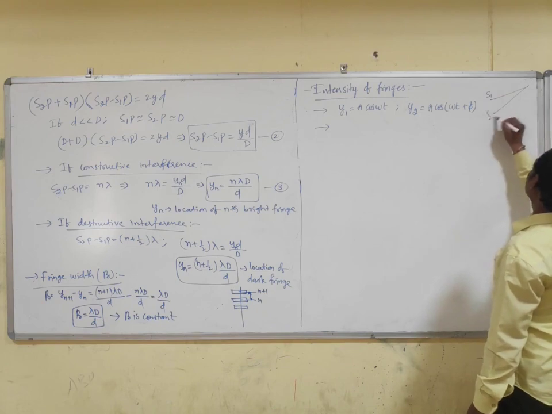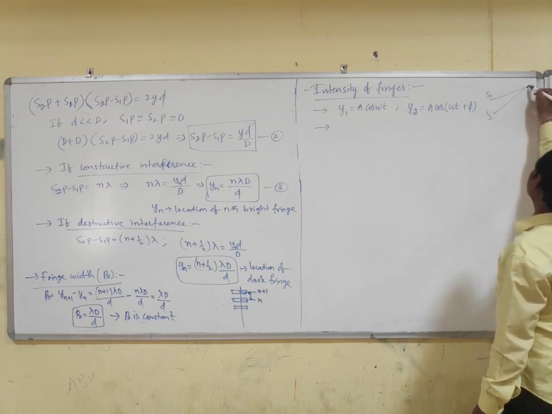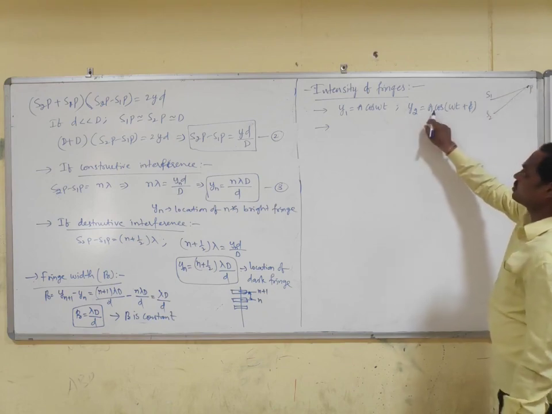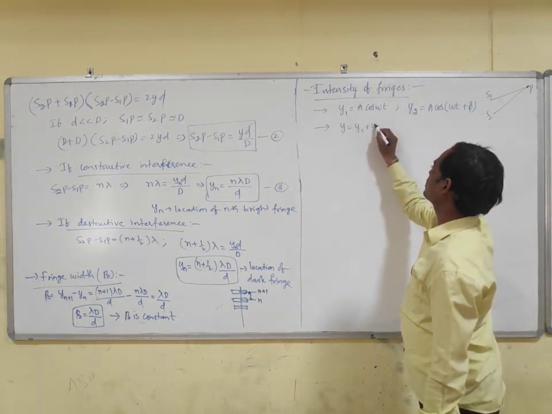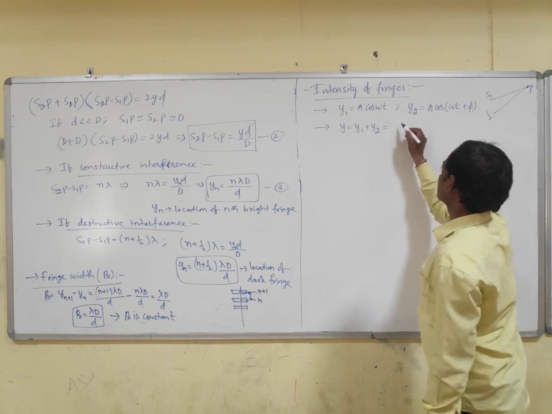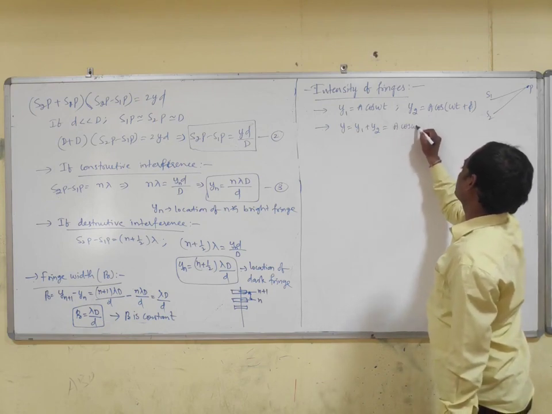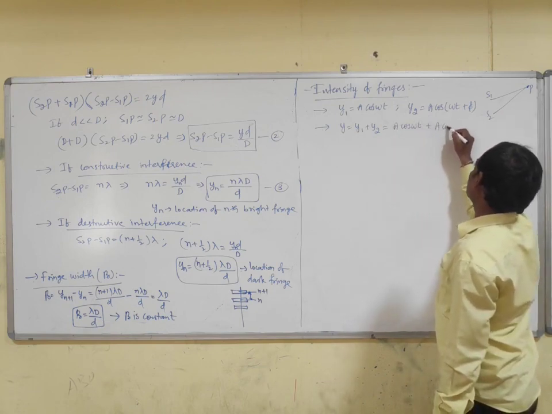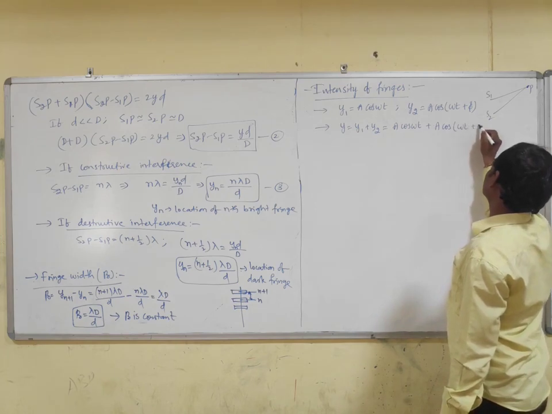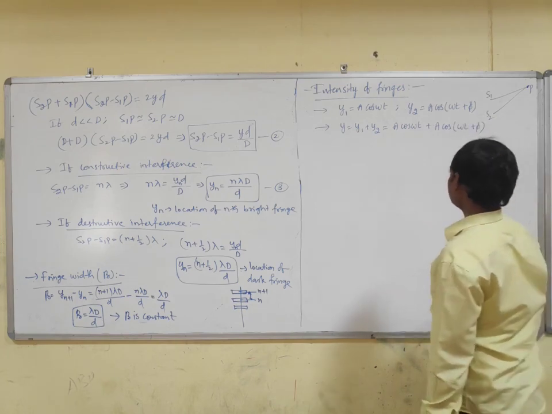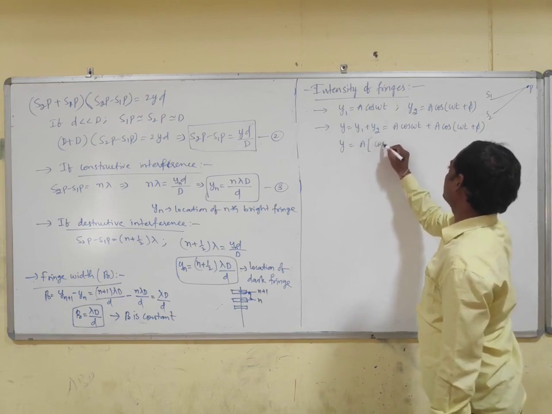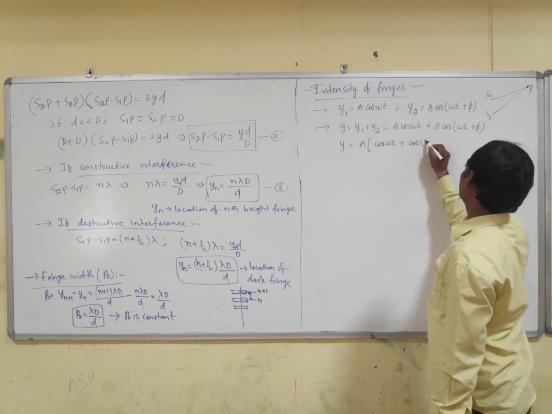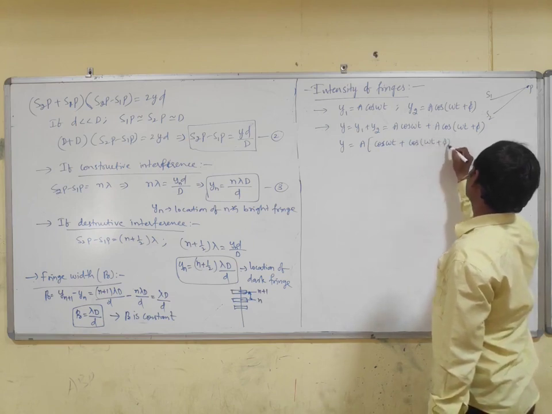Now these two are meeting at a point P like this. S1, S2, this is P. At this point these two are overlapping. So according to the superposition principle, y is equal to y1 plus y2. So a cos omega t plus a cos (omega t plus phi). Take a common: cos omega t plus cos (omega t plus phi).